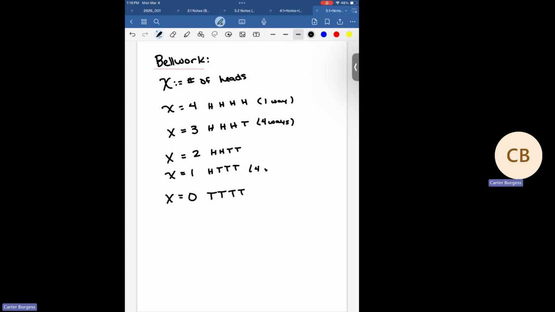This is going to be 4 ways. And this is going to be 1 way. And then I am going to cheat and say that I scrambled this all up. And there are, in fact, 6 different ways to perform our x equals 2 kind of thing that we have going on here.